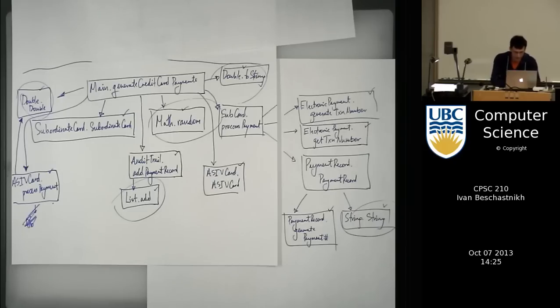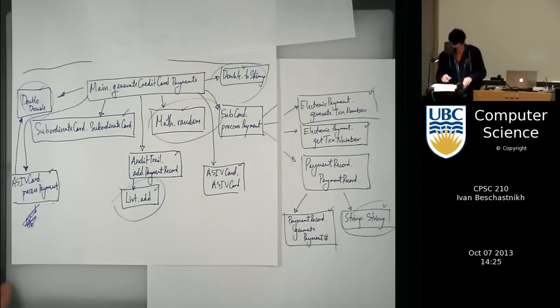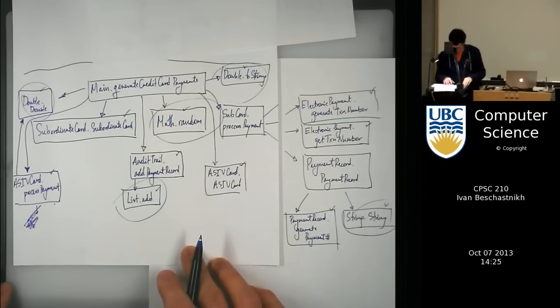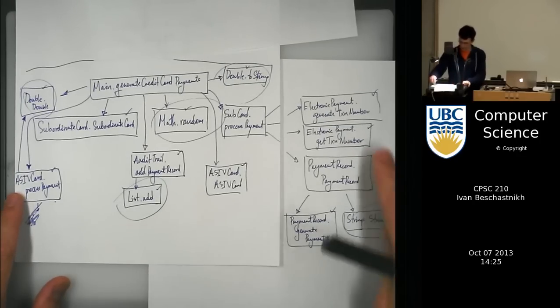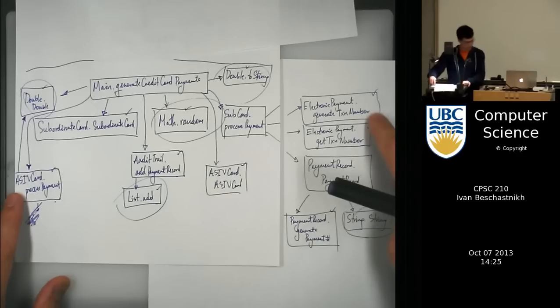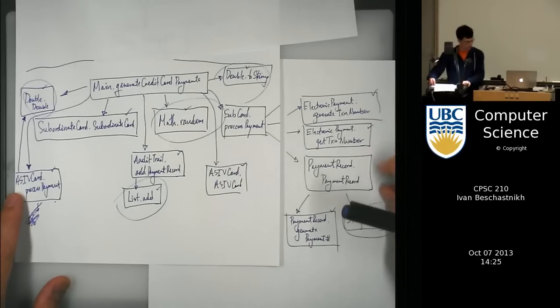So yeah, it's a little tricky. If I look in process payment, it's going to be essentially the same one, right? It's going to be generate transaction number, and then get transaction number, and then it's going to do the payment record stuff.